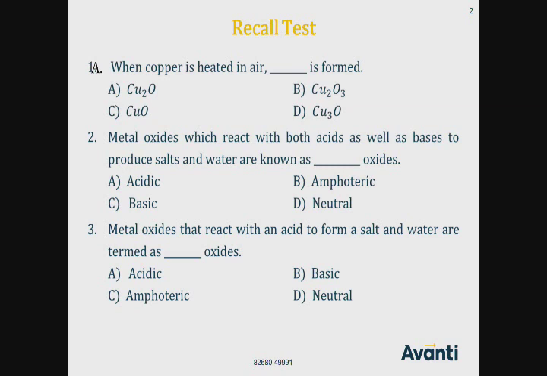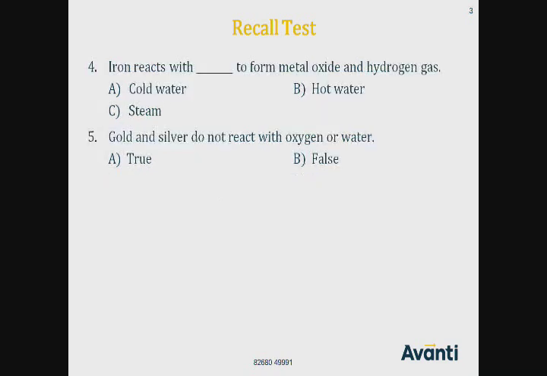Once you have attempted all three questions, okay, cool. Tamelong, have you done these questions? Do these two questions as well.